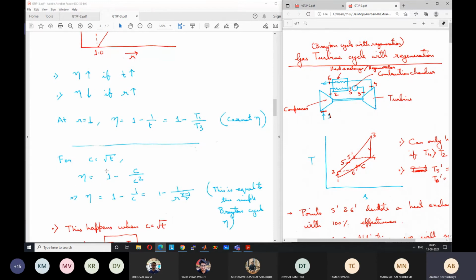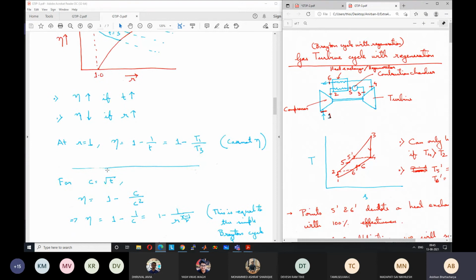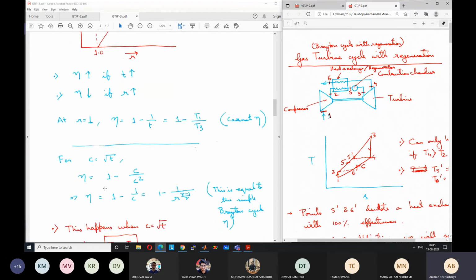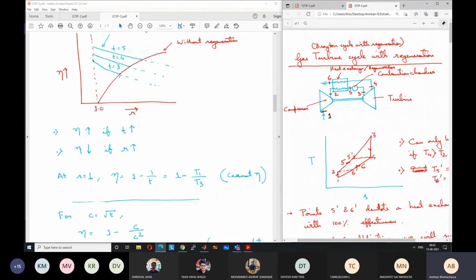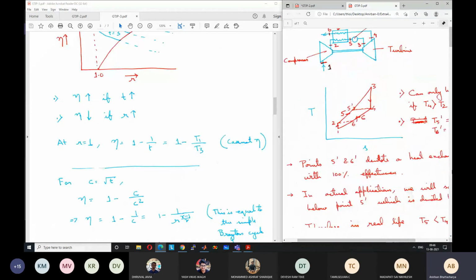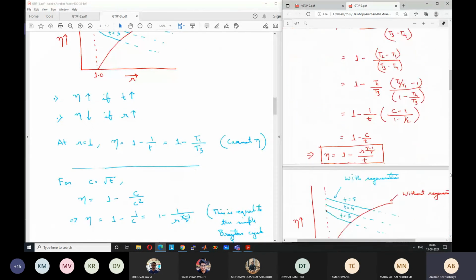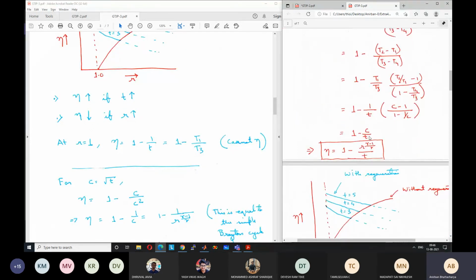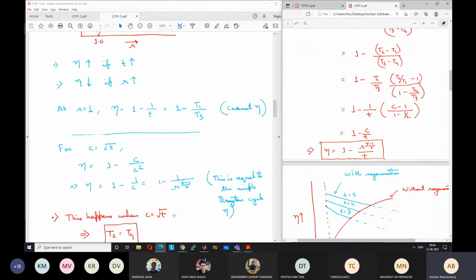Mathematically also we can find this, when this becomes equal. If C is equal to root T, then eta is equal to 1 minus C by T, so 1 minus C by C squared. So 1 minus 1 by C, or 1 minus 1 by R to the power gamma minus 1 by gamma.